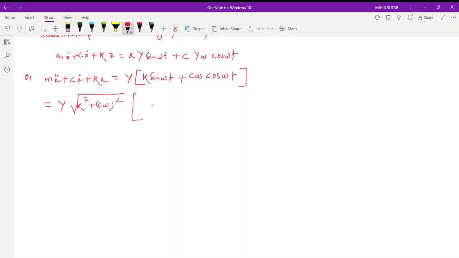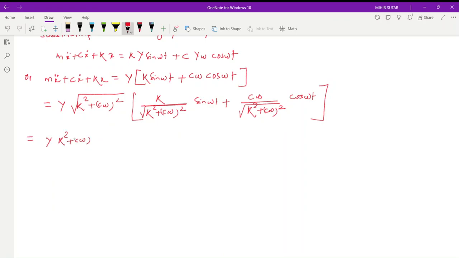So inside we'll have k divided by root over k squared plus (c omega) squared times sin omega t plus c omega divided by root over k squared plus (c omega) squared times cos omega t.